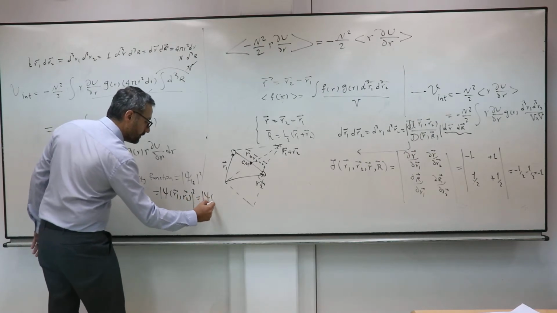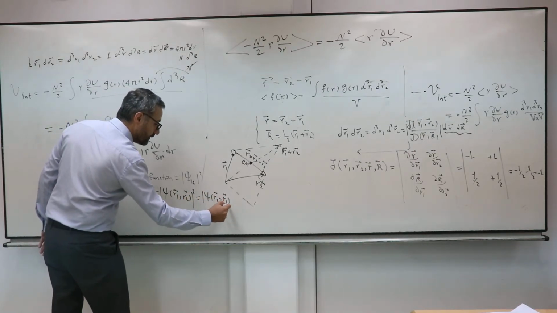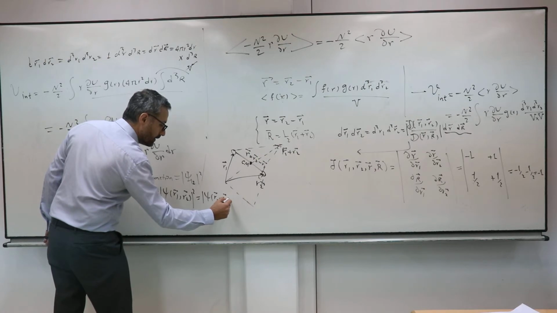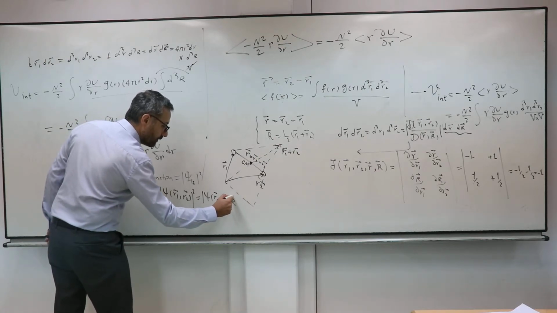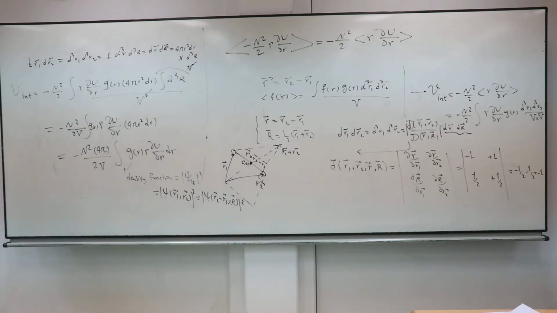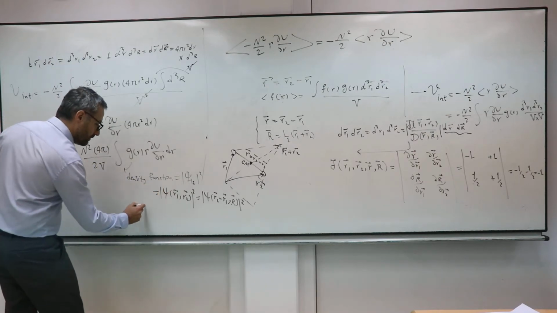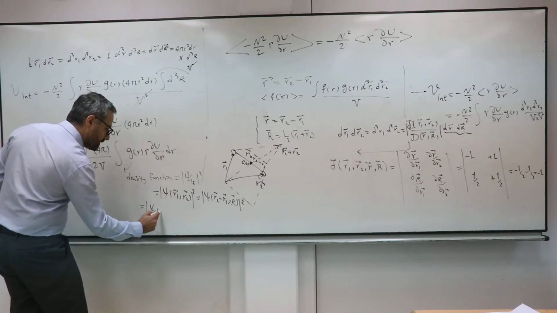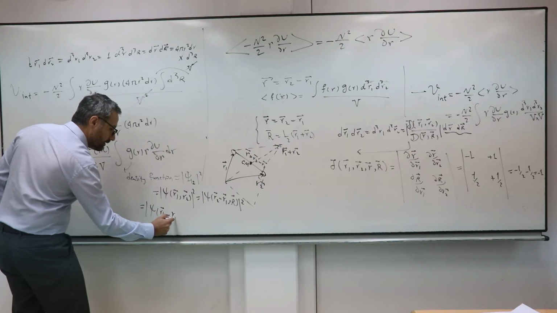But because the wave function of the center of mass doesn't move, it will be something like psi of r12 squared, so it will be psi of r1 minus r2 or r2 minus r1, okay?